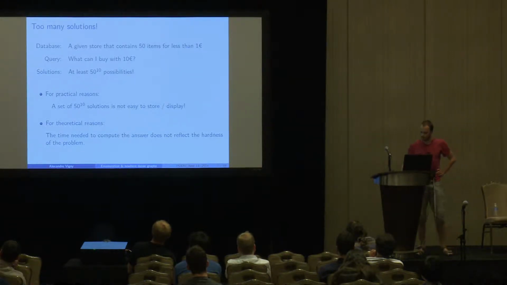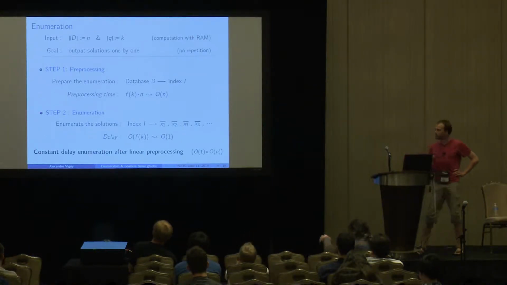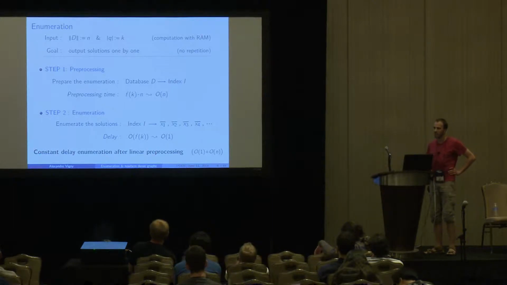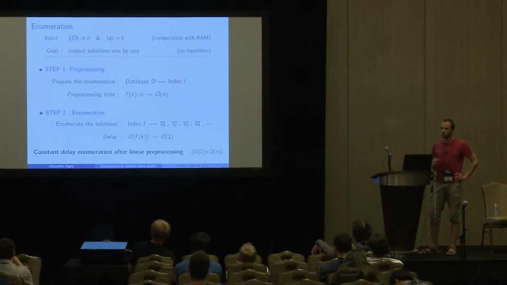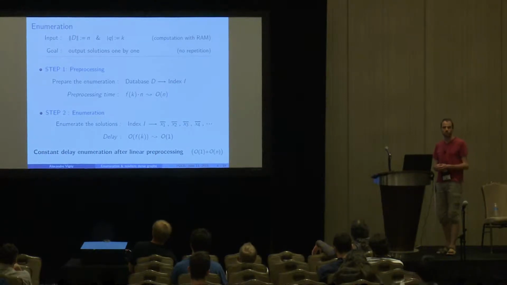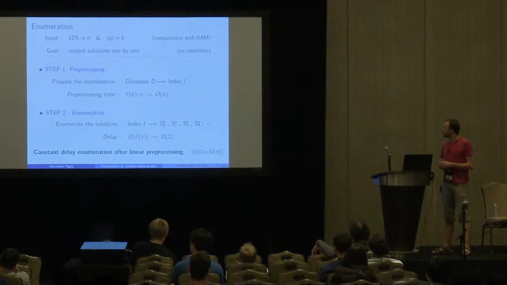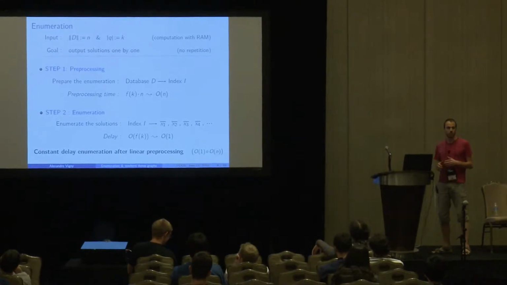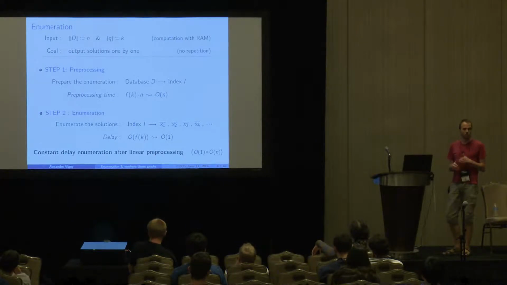So I'm going to talk now about another problem, which is query enumeration. Here we still have a database and a query as inputs, but the goal is to compute solutions one by one. So you first want a first solution, then a second solution, and so on. An enumeration algorithm will be divided into two steps. The first one is a pre-processing that will help us to speed up the enumeration phase.